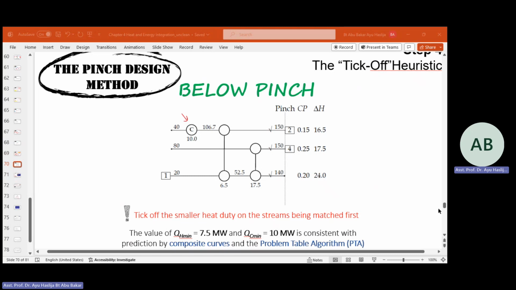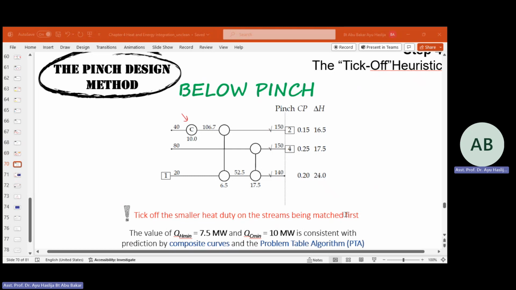So here it mentioned, this part. Focus on this part.